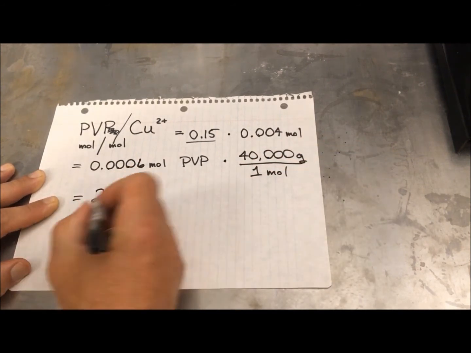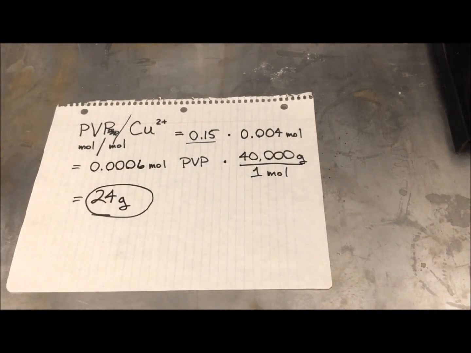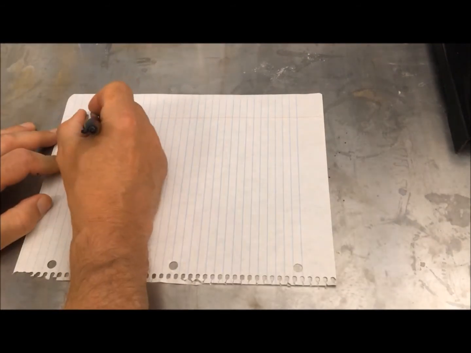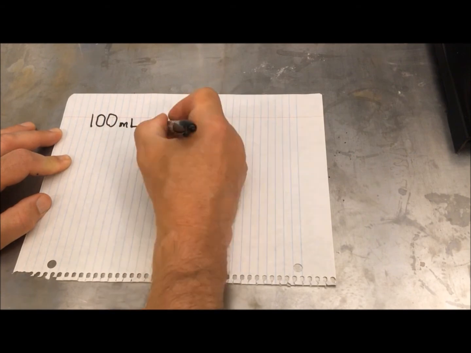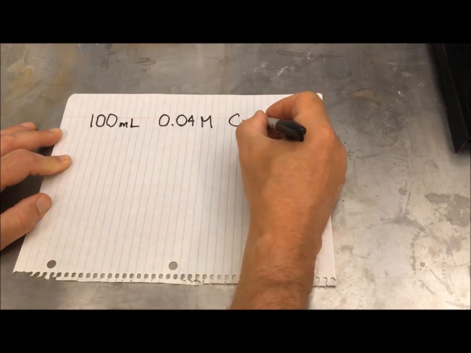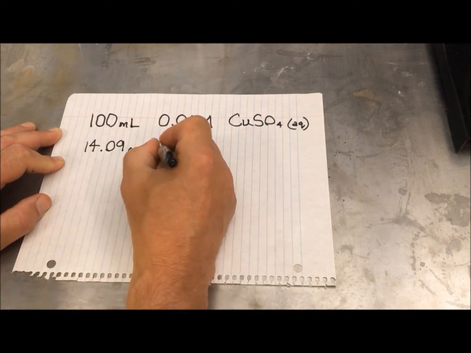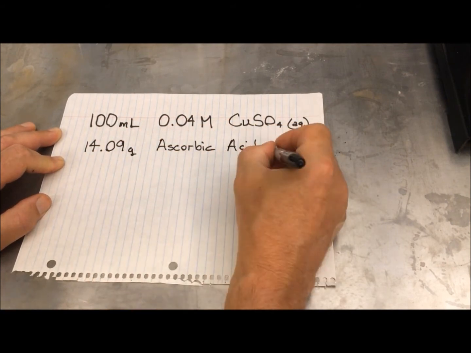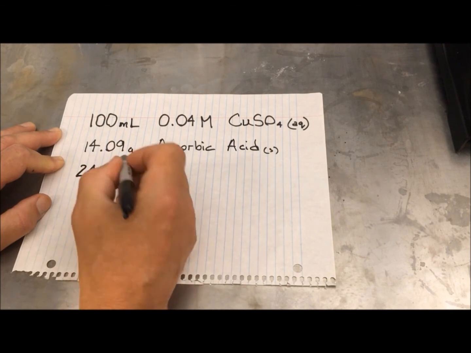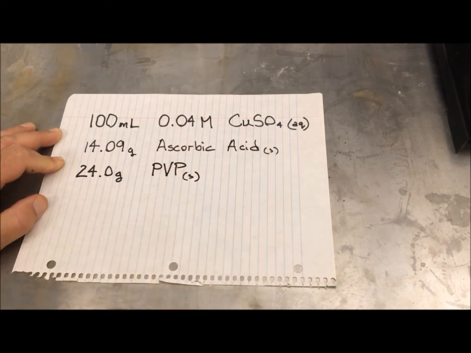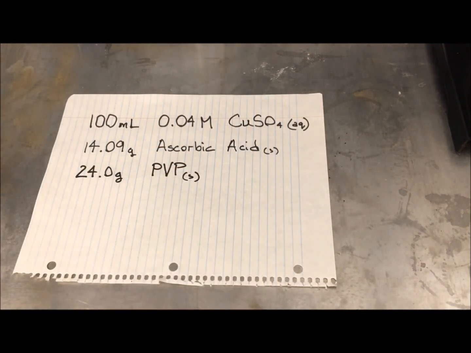And with the reducing agent, the ascorbic acid, the smaller the ratio there also gives smaller particles. So to recap, we're going to use 100 milliliters of the stock copper sulfate solution, 14.09 grams of ascorbic acid, and 24 grams of the povidone.